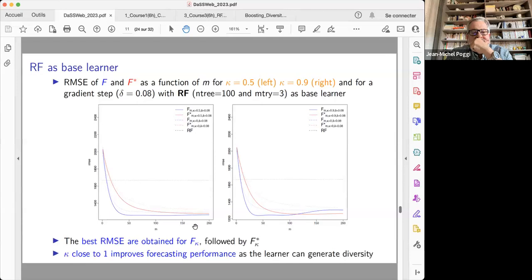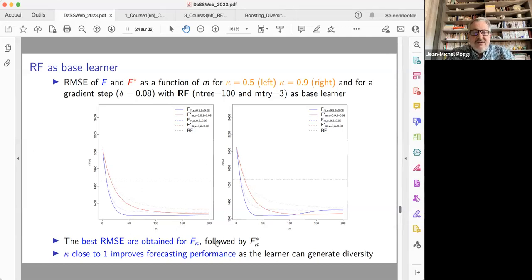You can see that the best errors are obtained for F and then F star. So it's quite natural to imagine that it's better to take the additive formulation of the gradient boosting algorithm. And it is the same when the diversity is included, followed by the mean value.